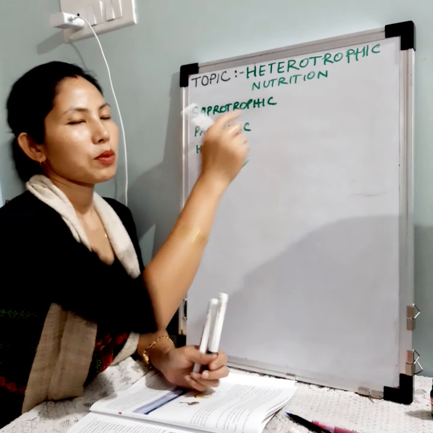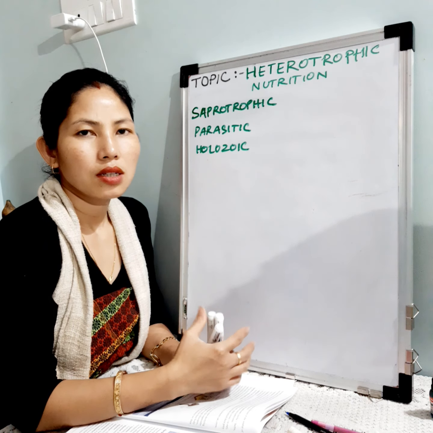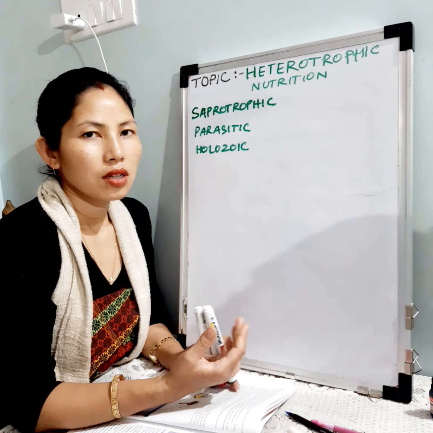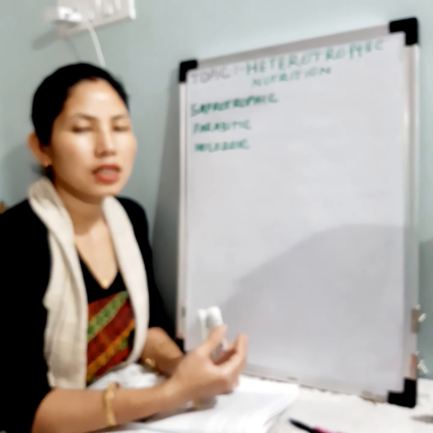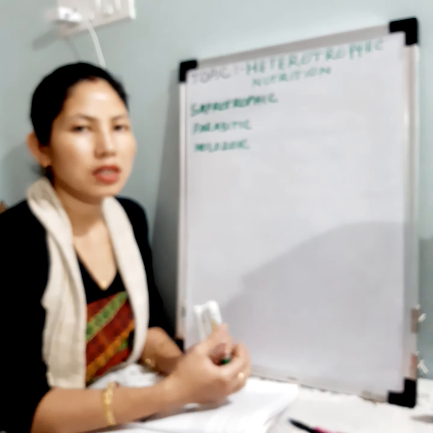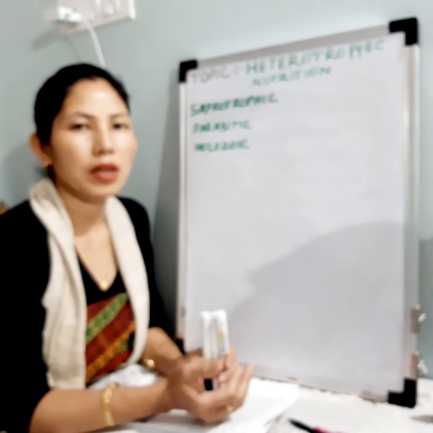So in saprotrophic nutrition, the organism is dependent on dead or decaying organic matter, right? The organism grows on this dead and decaying organic matter and releases certain enzymes or chemicals that hydrolyze or break down the organic matter into its simplest and absorbable form.